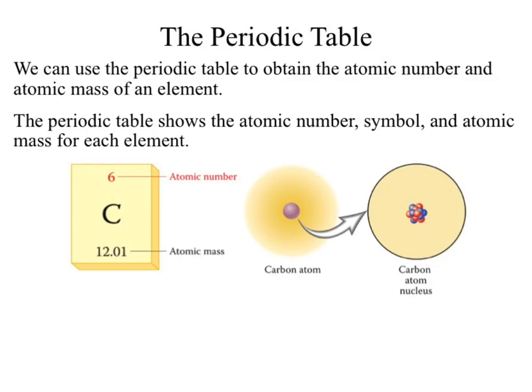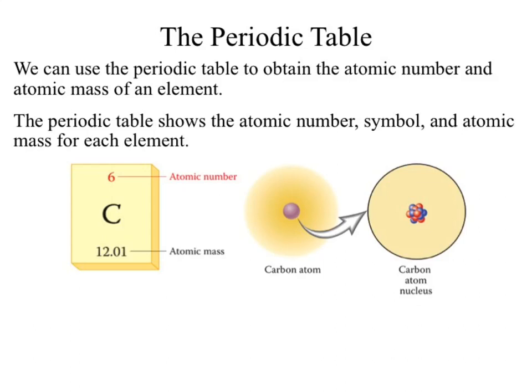Why is it not exactly 1.00? We said we had deuterium and tritium in there, right? And deuterium has a mass of 2, and tritium has a mass of 3. So what's the average of 1, 2, and 3? 2.